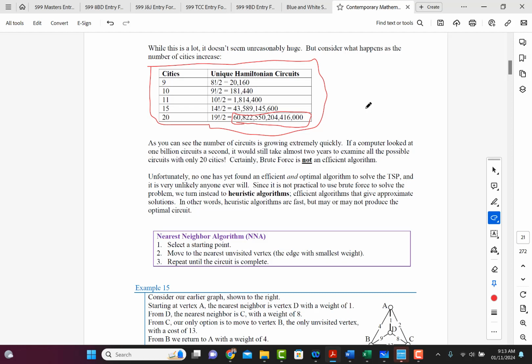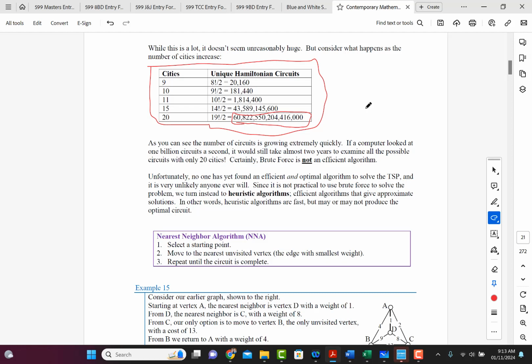Since it is not practical to use brute force to solve the problem, we turn instead to heuristic algorithms. Those are efficient algorithms that give approximate solutions. In other words, heuristic algorithms are fast, but may or may not produce the optimal circuit. So the first one that we're going to talk about is called the nearest neighbor algorithm.